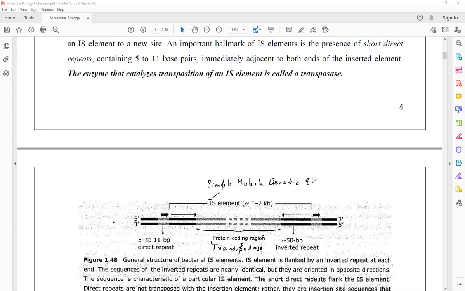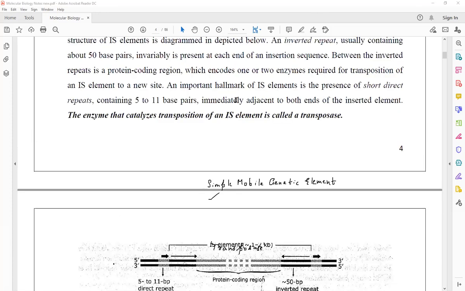But a composite mobile genetic element will encode not only transposase, but another gene along with the transposase, such as an antibiotic resistance gene or any other gene. Then it forms the structure of the composite transposable element.